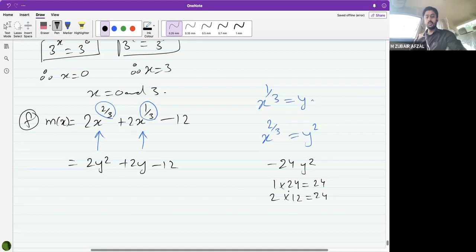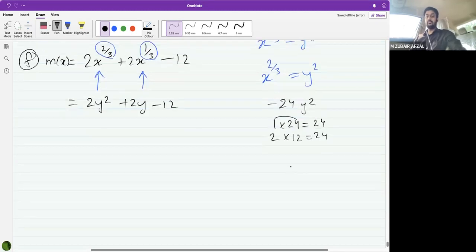Because I'm not getting 2. Adding or subtracting 2 and 12, we get 14 and 10. 3 into 8 gives 11 and 5, so this is not our answer. 4 into 6 may give me my answer: 4 plus 6 is 10, but 6 minus 4 is 2, and multiplying these two we get 24.